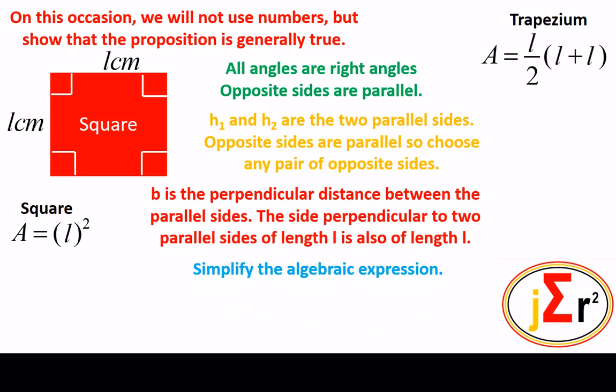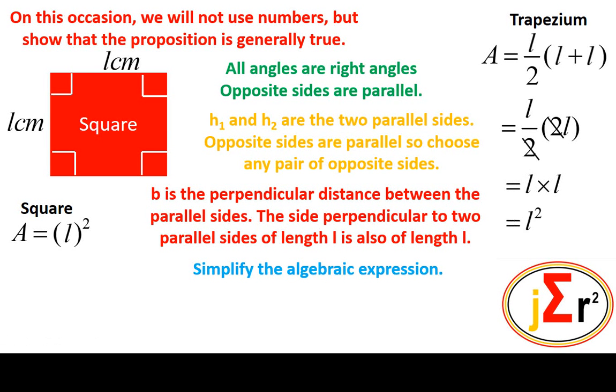Simplify the arithmetic expression. We will begin: L plus L, that's 2L. Then we will simplify by a common factor of 2. Those two in the numerator and the denominator will be cancelled, and all that we have left is L times L, which is equal to L squared, which is what we have here.